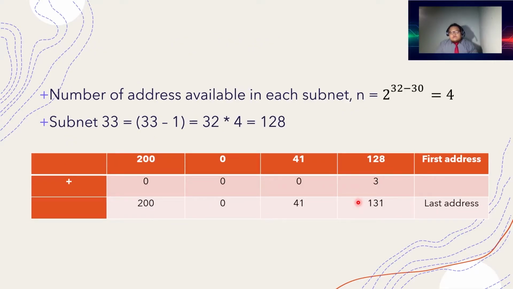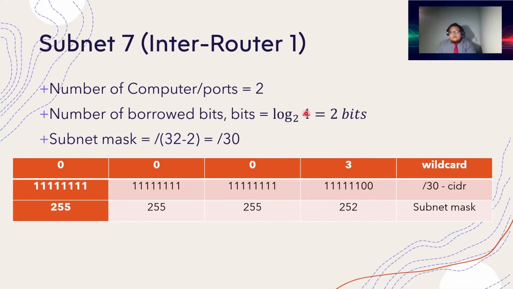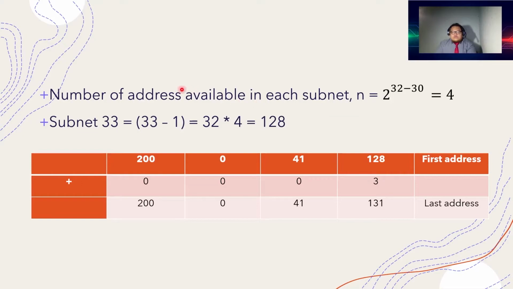Next, the number of addresses available in each subnet. As I said earlier, if we use log2 2, we are not going to get the number of addresses available equal to 4, but equal to 2. That is why we use log2 4, in order to get 4 addresses available.